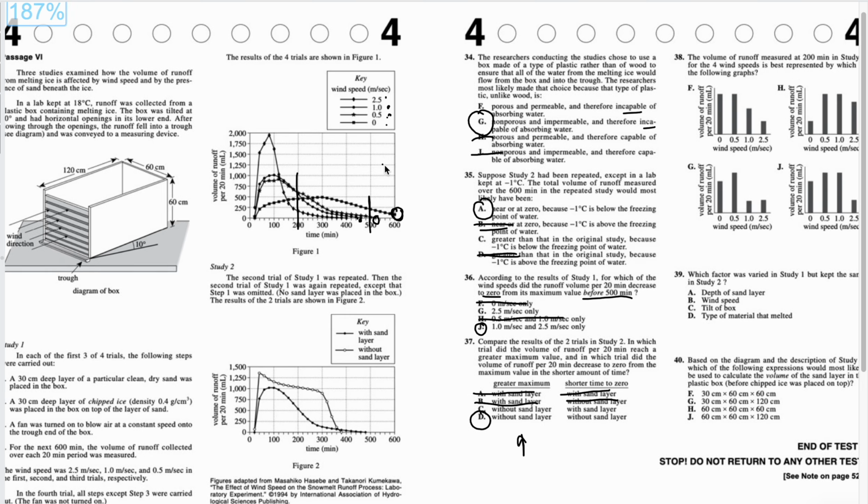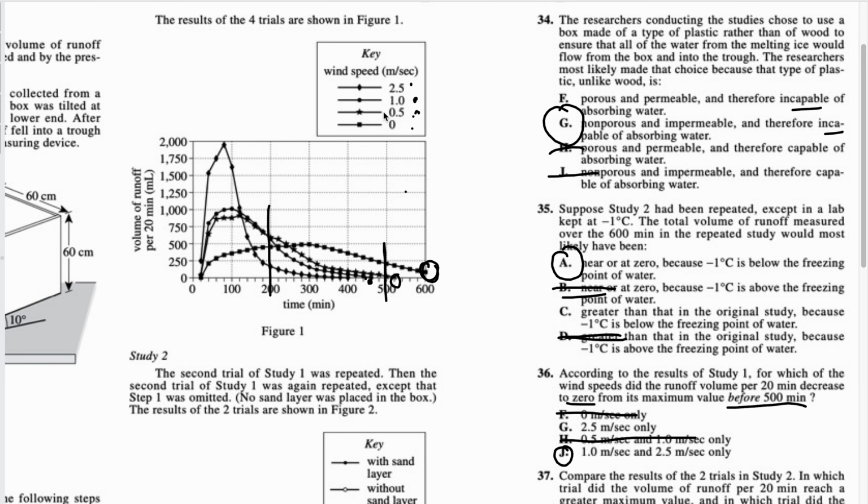So zooming in, I'm going to draw a little graph over here. The 0, 0.5, the 1, and the 2.5. At the 200 mark, the 0 is the square, which is about midway, so about 500.